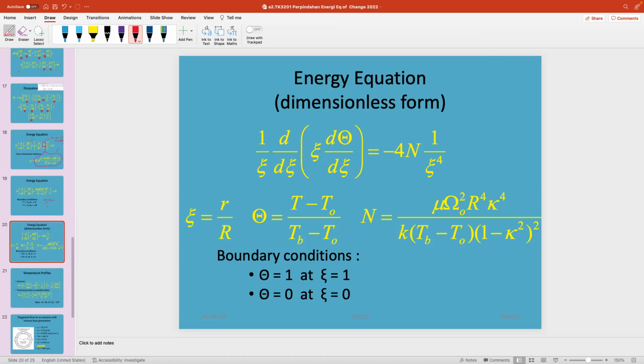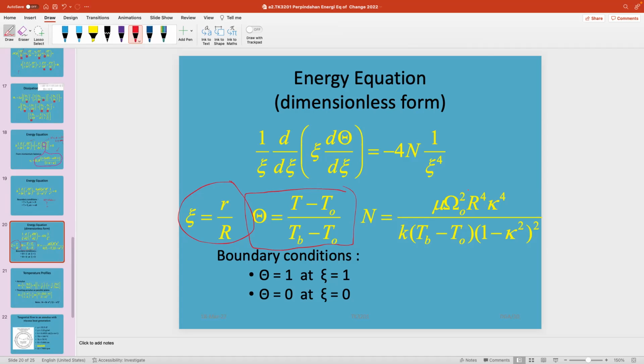From the Bird book, they changed this one, ξ, which is the dimensionless number for radius. And this θ here is the dimensionless number for temperature. This one is another constant, because it is all about finding the constants: mu, omega_0, r, k, all of them are constants.